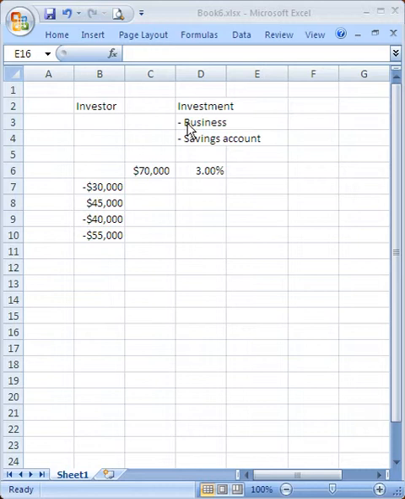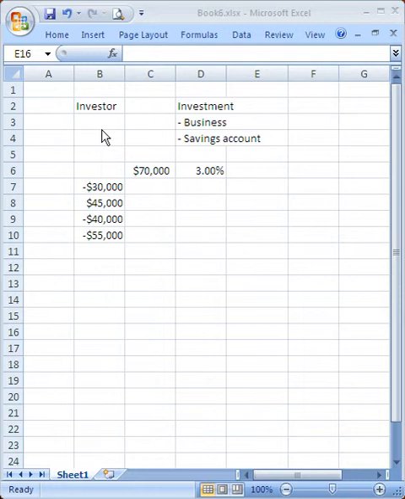The simplest way for us to evaluate an investment of this sort is to look at an equivalent savings account. That is, a savings account that allows us to make exactly the same cash flows as the one in the original problem. So we'll ask ourselves, what sort of a savings account is it that allows us to put $70,000 in to start, take out $30,000, put in $45,000, and so on, and end up with a savings account value of $30,000.